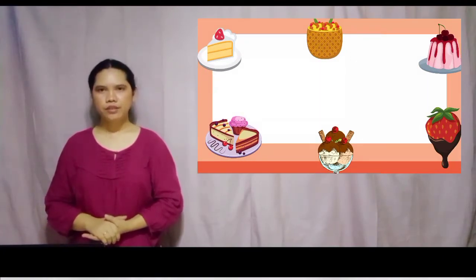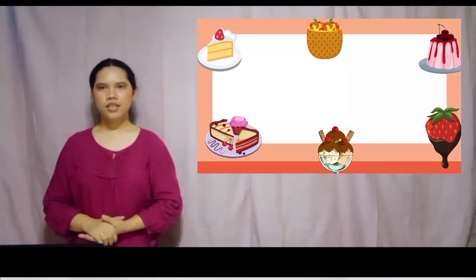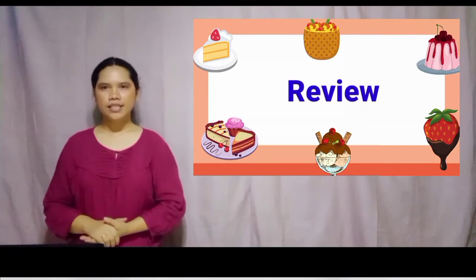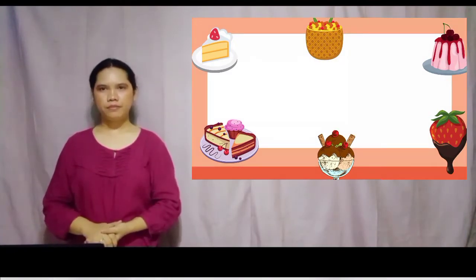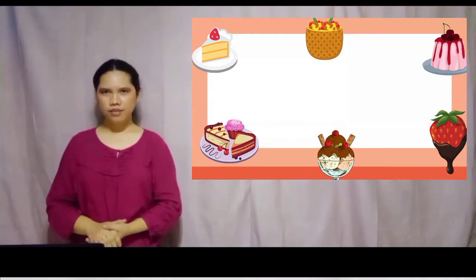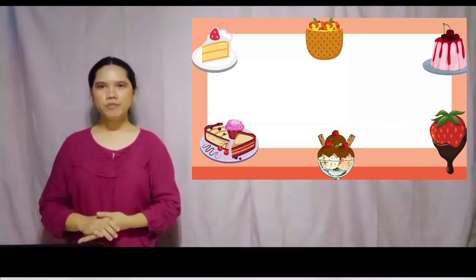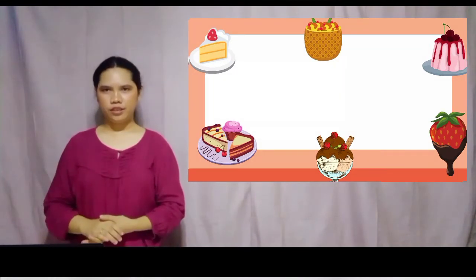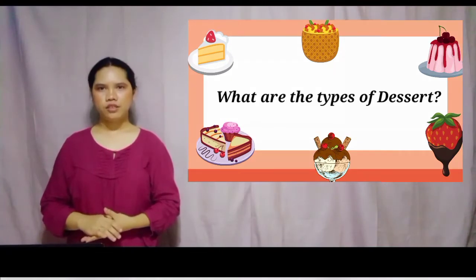Before we proceed, let us have a review of our topic last meeting. Anybody from the group? Okay, Raincheska. Very good. Our topic last meeting is all about the types of dessert. What are the types of dessert?